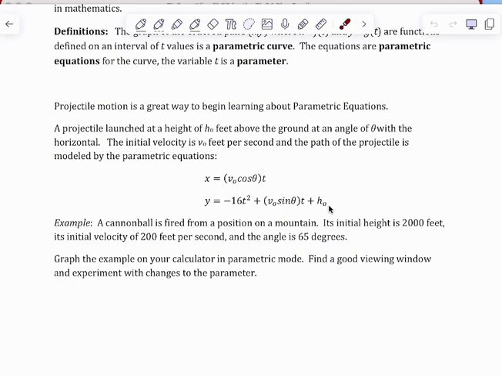When you were in algebra, you might have done projectile motion, and your teacher might have said you throw something in the air and it makes a parabola, and you said, okay, sounds right to me. But when you were doing these in algebra, this axis wasn't distance, it was time.